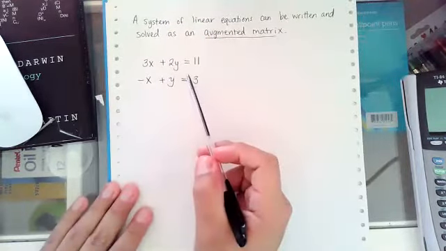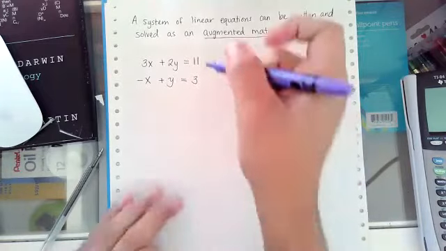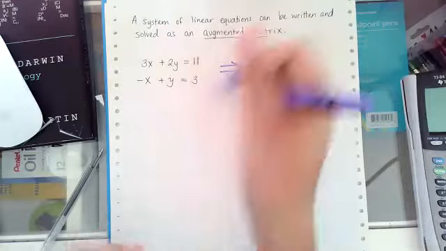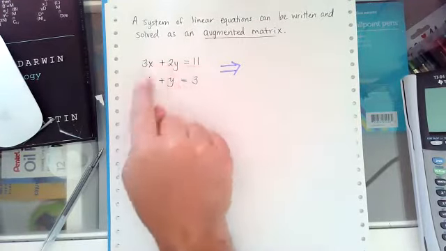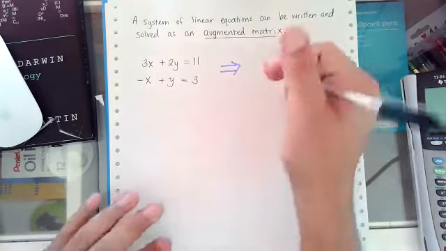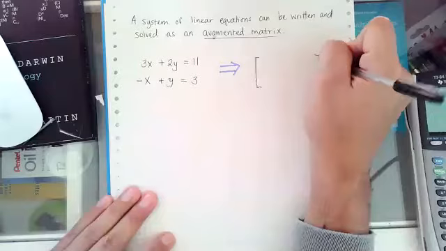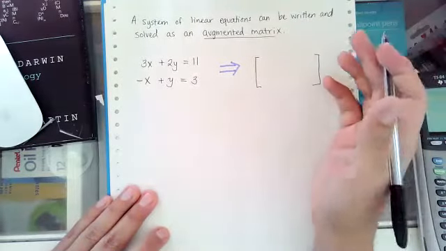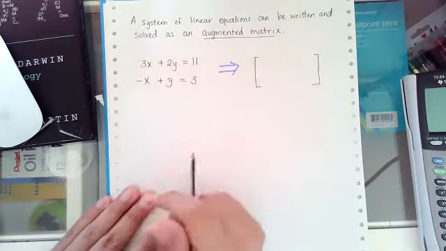Okay. Well, in order to write this in terms of an augmented matrix, all we're going to do is store the information that's given to us by the coefficients. That is, the numbers in front of the variable, or the numbers that are in the system of equations. And what we'll do is store them into this little block of numbers that represents this set of equations, but leaves out some information, right?